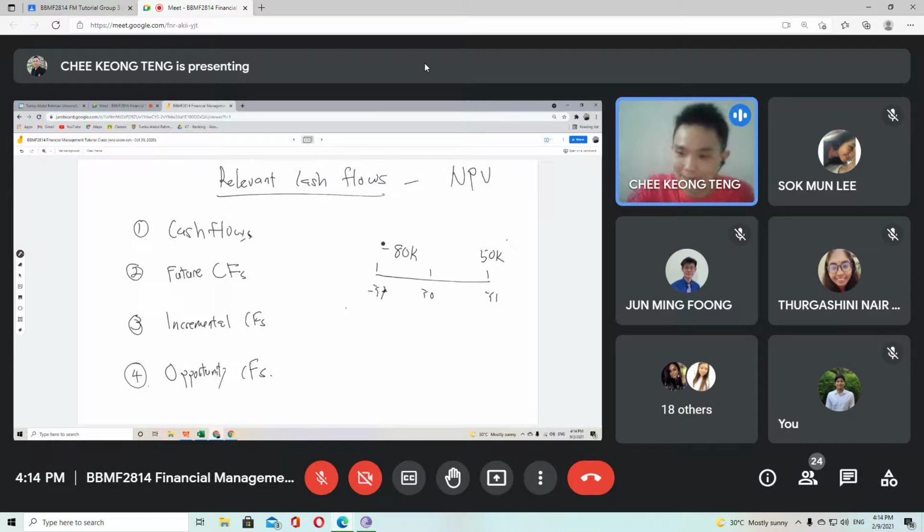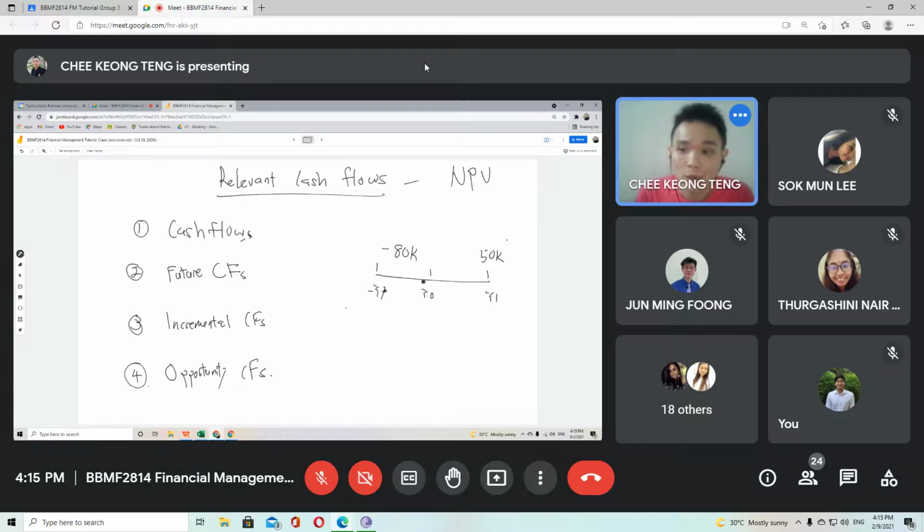The company has already spent 80,000 in research and development in the past year. Full stop. So now the question is, you've spent 80,000 cash for the R&D. Do you include it in the calculation? No need to include. Don't include that in the calculation.